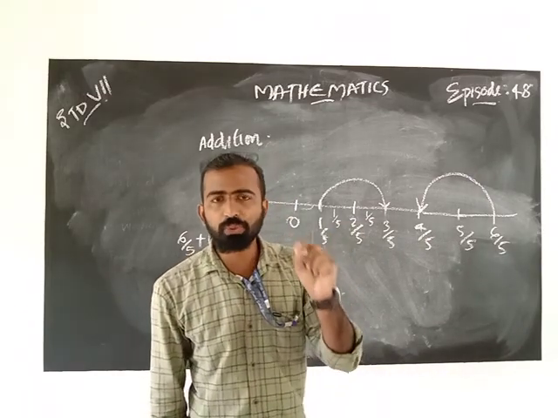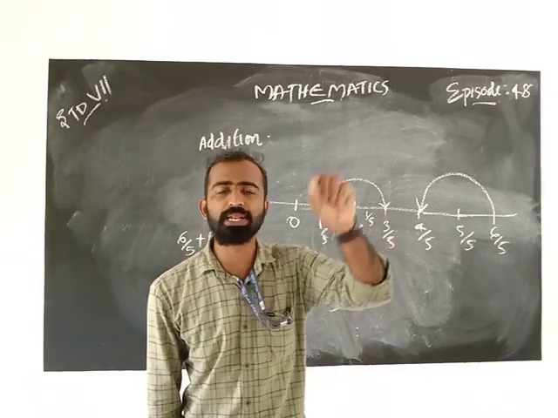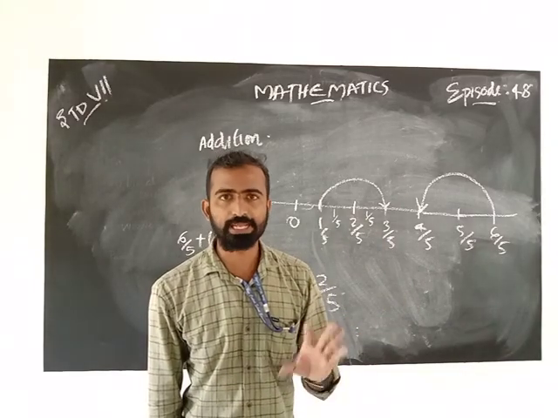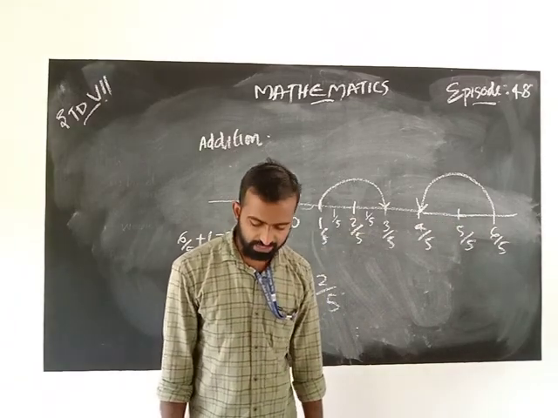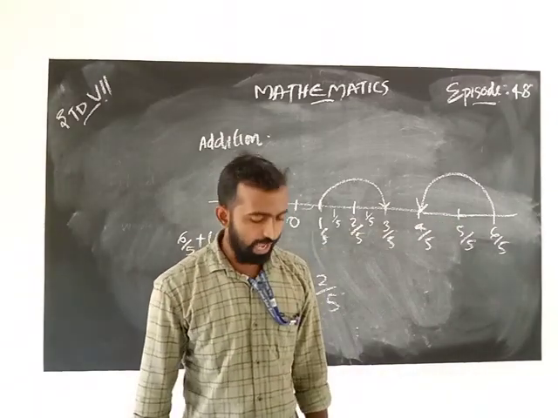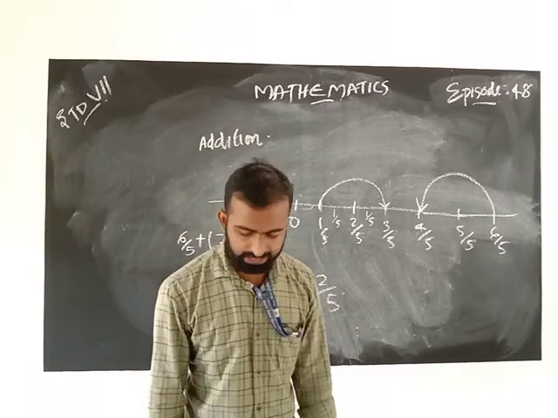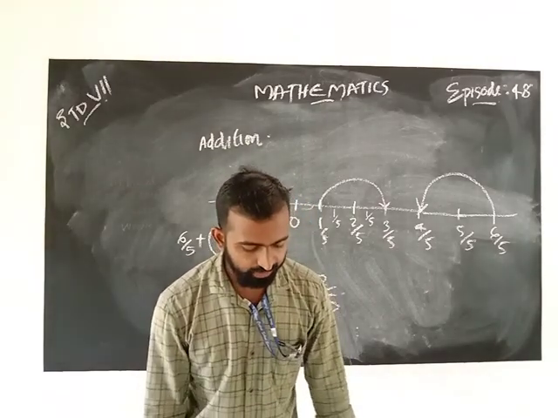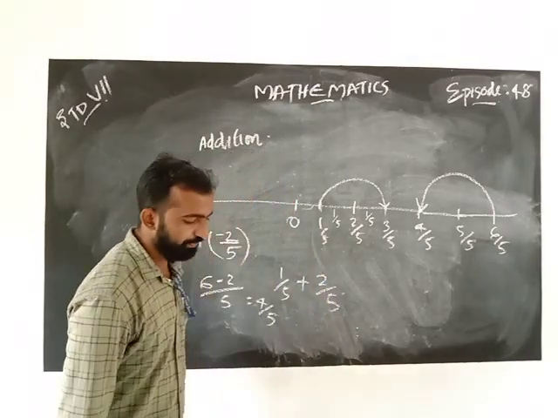When we add two positive rational numbers, the result moves to the right side. Okay, is it clear? This is the process of addition of rational numbers on a number line, and there is also another example in your textbook. Just read it, and we are going to discuss our priorities.